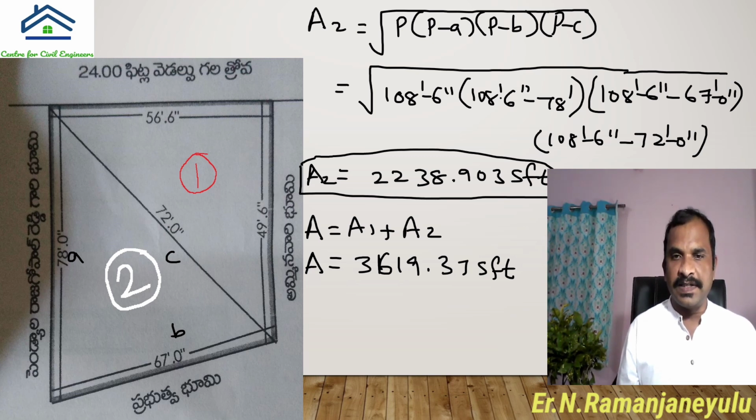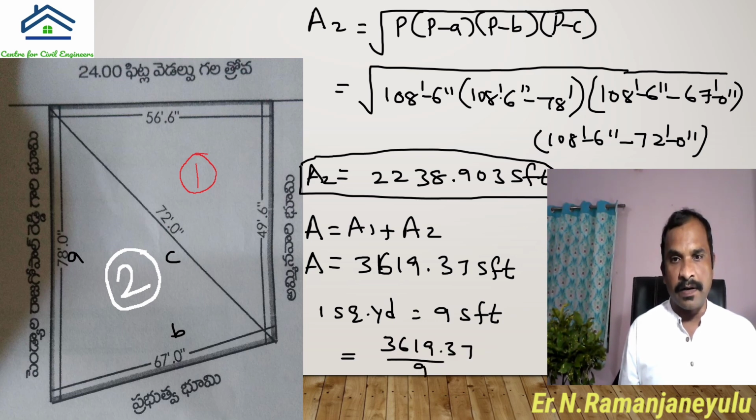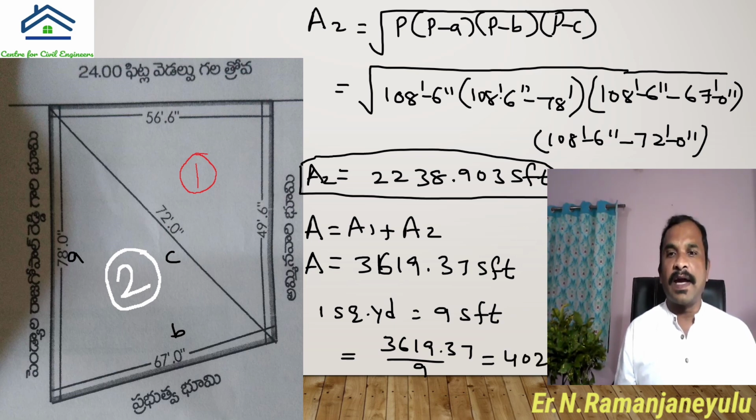We can convert easily like this: 1 square yard is equal to 9 SFT. Converting this area into square yards, 3619.37 divided by 9 gives you 402 square yards.